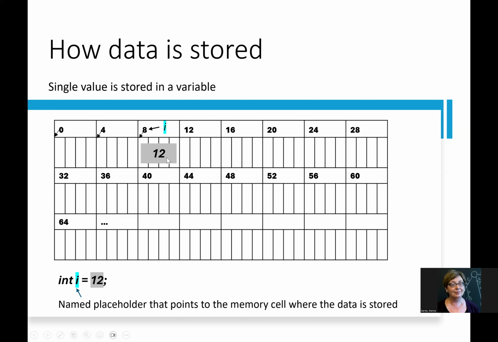In our program, we will refer to this memory location by name. In this case, value 12 is stored in 4 consecutive bytes starting at memory address 8, and the named placeholder i refers to this memory location.